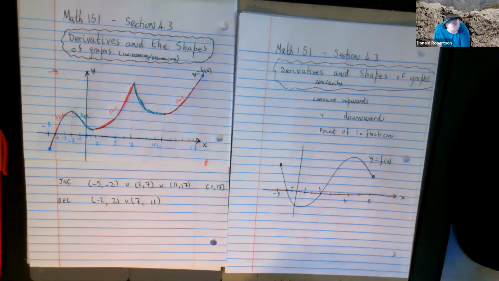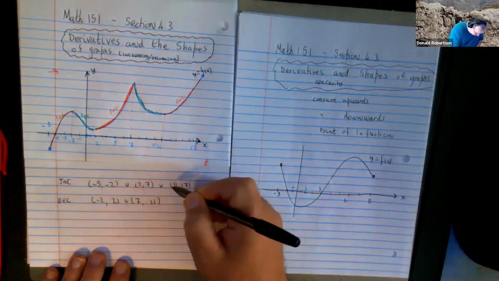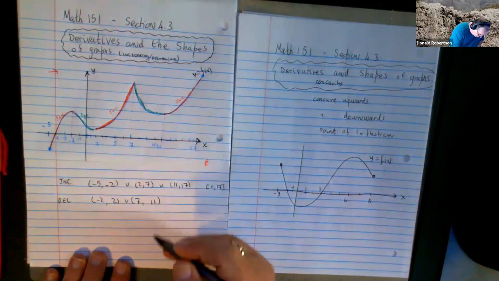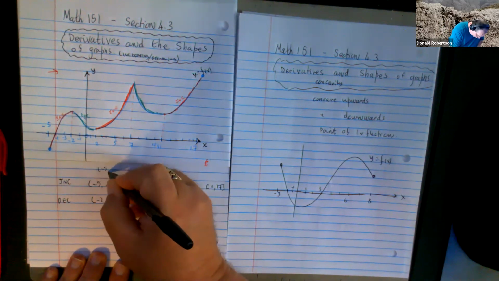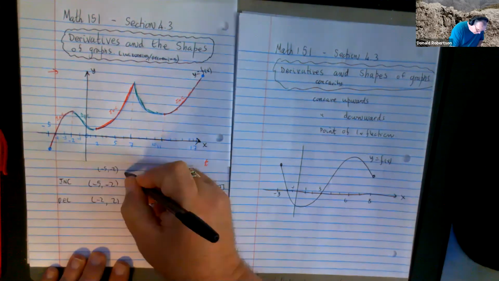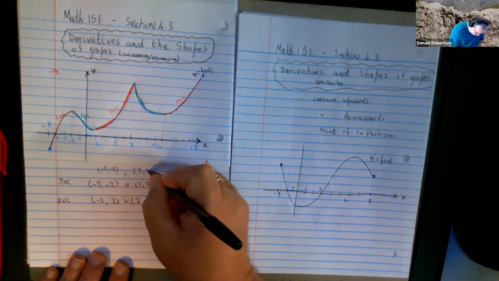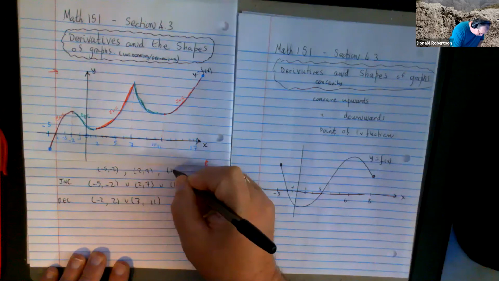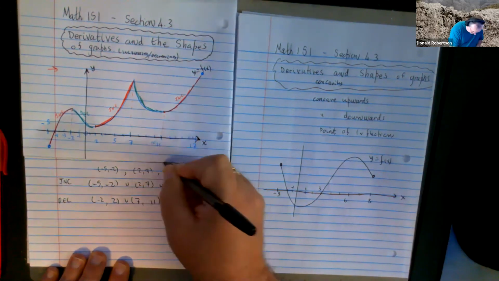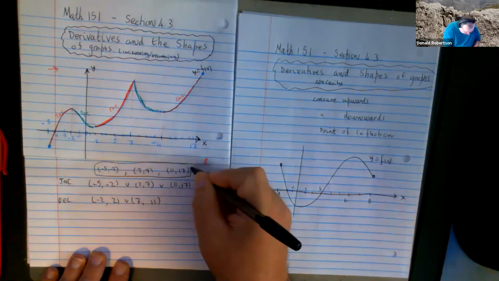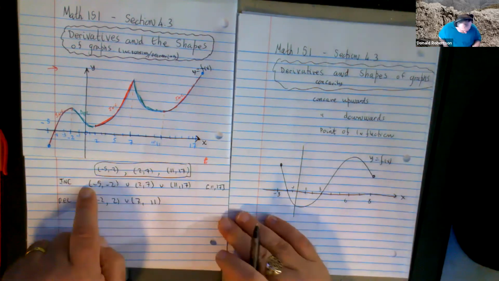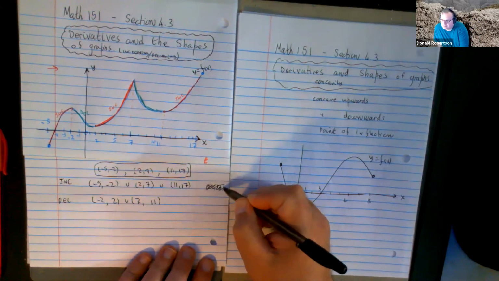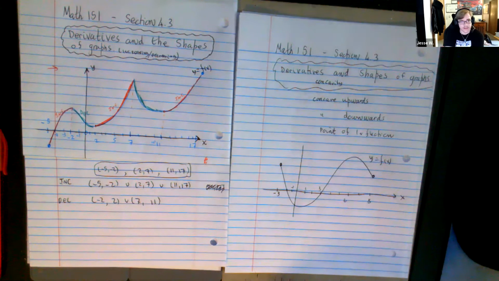Now, this is not mathematics, this is WebAssign. WebAssign doesn't seem to like the little union symbols. So when you're doing your answer in WebAssign, you give an interval, comma, the next interval, comma, the next interval. And I wish you didn't have to do that, because that's the way you should really write it in math. But you got to do what you got to do. I think in one of their symbols menus, they have a specific one for it.